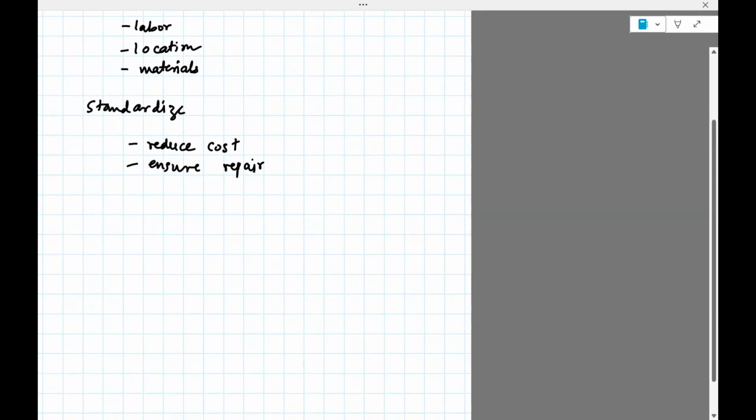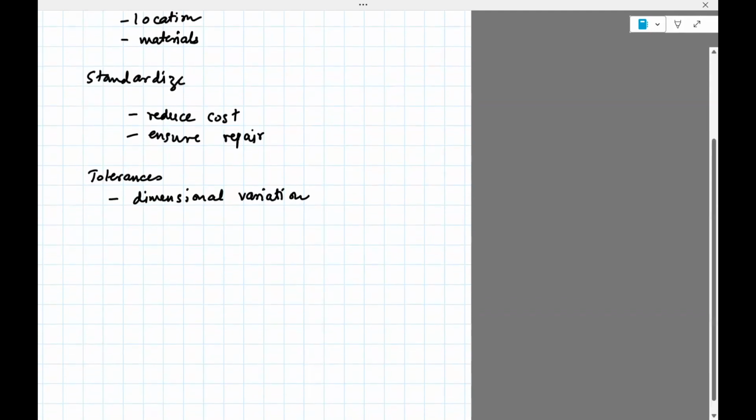Okay, so when you make a part, you have to worry about tolerances. The tolerance is basically dimensional variation. So typically when you look at a shaft, for example, they will say the shaft is 50 millimeters plus or minus 5 millimeters.